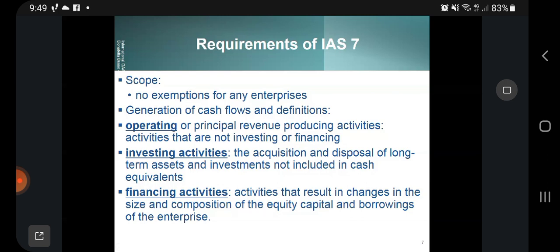Now imagine the everyday business life of a certain company, Carrefour, for example. On a daily basis, Carrefour would buy merchandise and would sell it. That is part of operating activity. That is what happens daily, whereas investing and financing happen very rarely.